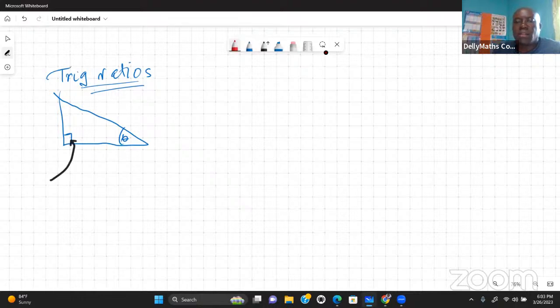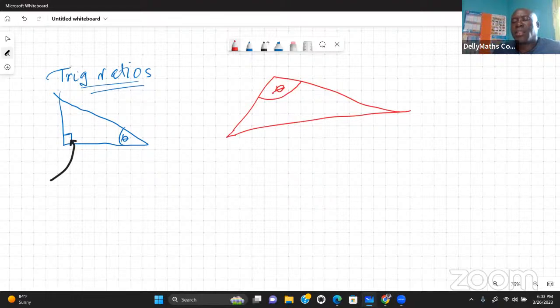When we have triangles that are non-right angles, so we don't have a right angle triangle, then we want to look at trig rules. So we have the rules, which are different from the ratios. Trig ratios deal with what we'd call SOH CAH TOA. So for right angle triangles, we look at SOH CAH TOA.